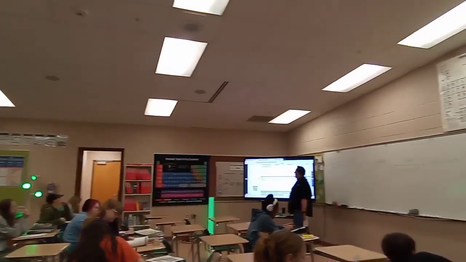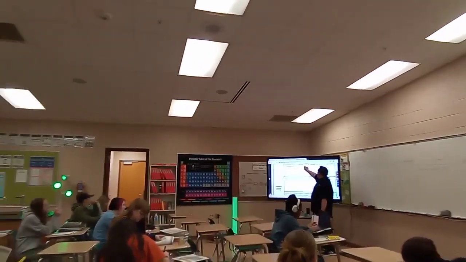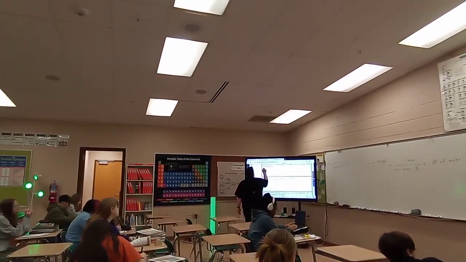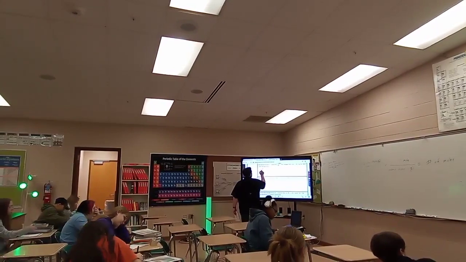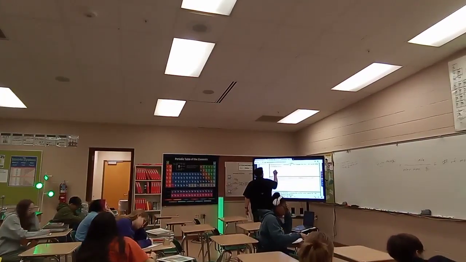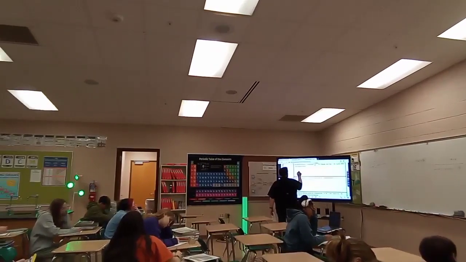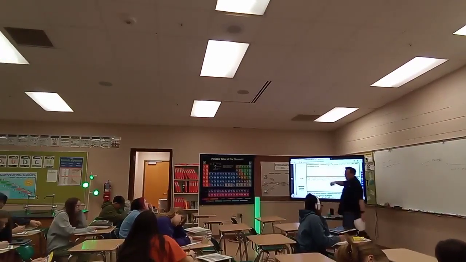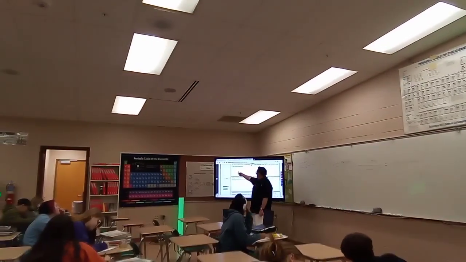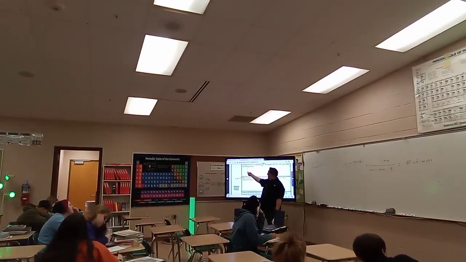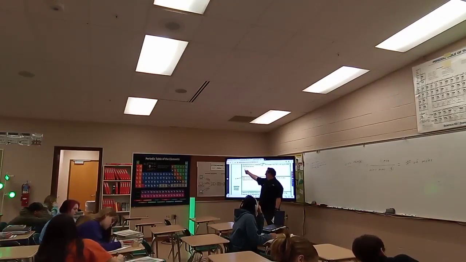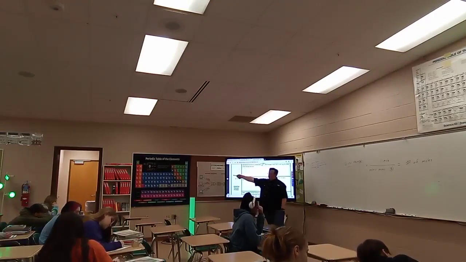So the first thing I've got to figure out is what's the mass of that, right? So it's basically going to be 12 times 3 plus 1 times 5 plus 16 times 2. Do you see how I got that? These are the numbers in the formula right here, and these are the molar masses from the periodic table.